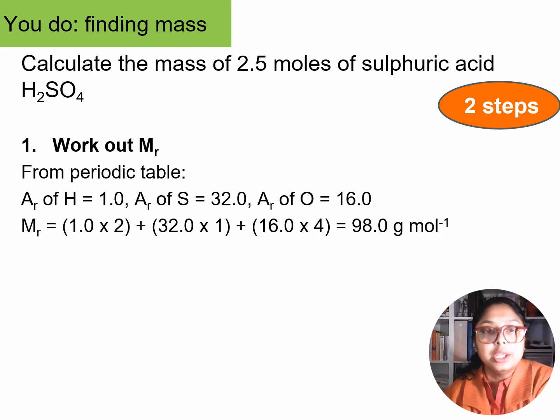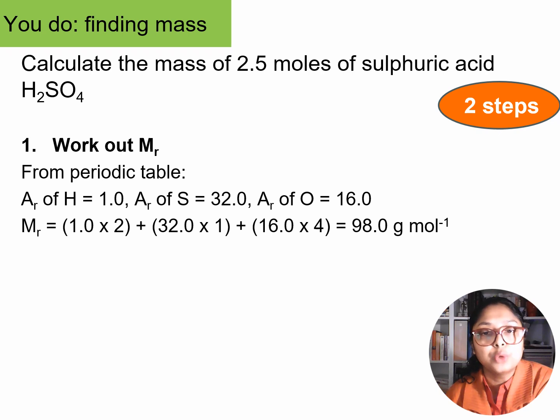Now, if you have finished, let's go through the answers. In step 1, where we are finding out Mr, from the periodic table, you will find hydrogen, Ar 1, sulfur, Ar is 32, and for oxygen, it is 16.